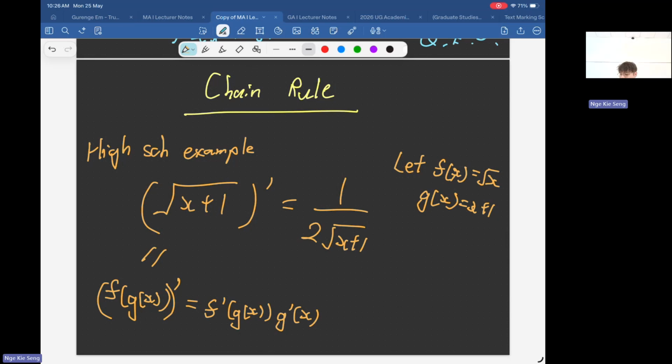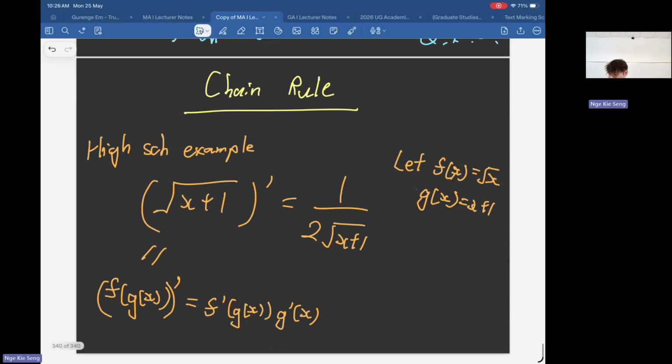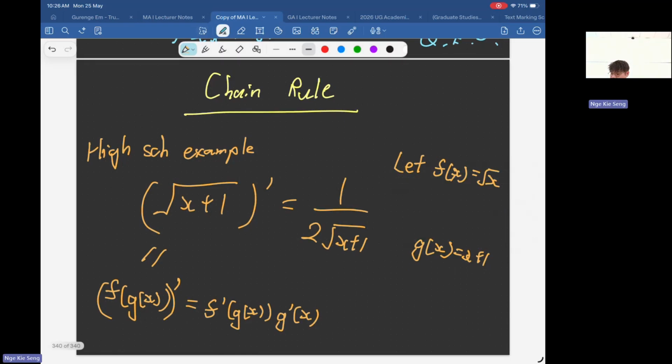So f prime of g of x, how do you read this? Well, you should do f prime first. You need to make sure your f is differentiable.